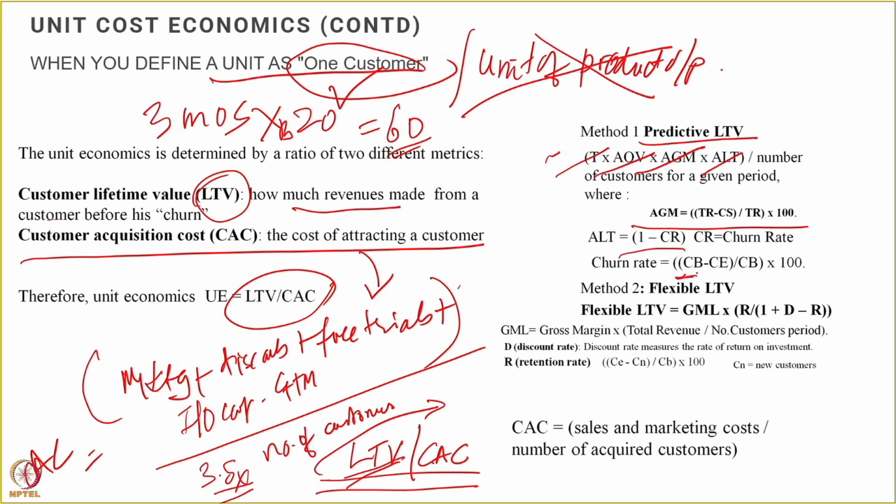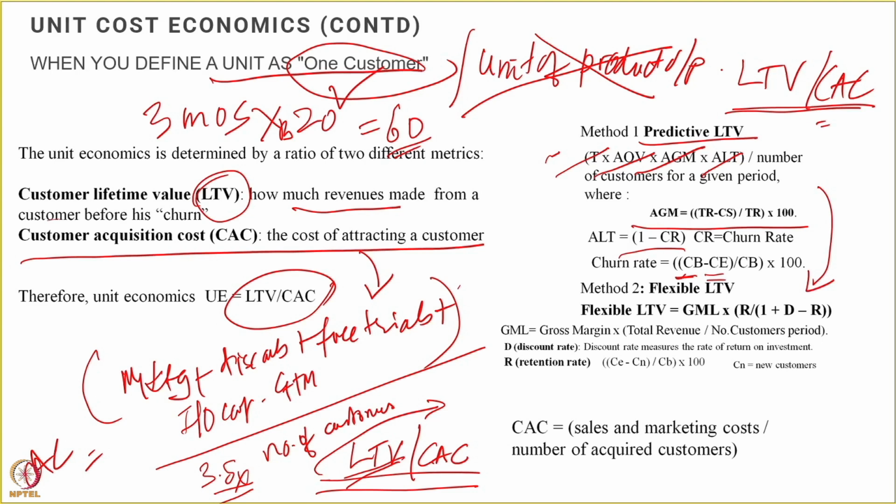It's a margin figure, a percentage. And multiply that by the lifetime that he will be a customer with you, which is 1 divided by the churn rate, where the churn rate is defined as the number of clients that you began with in a period minus the number of clients you ended up with over that period, divided by the number of clients at the beginning of the year. So when you take the product of all of this, you can predict the lifetime value of your business.